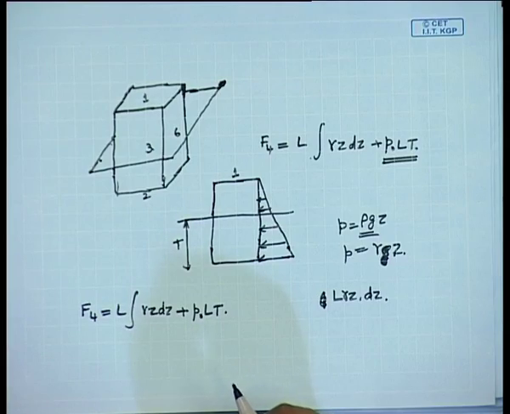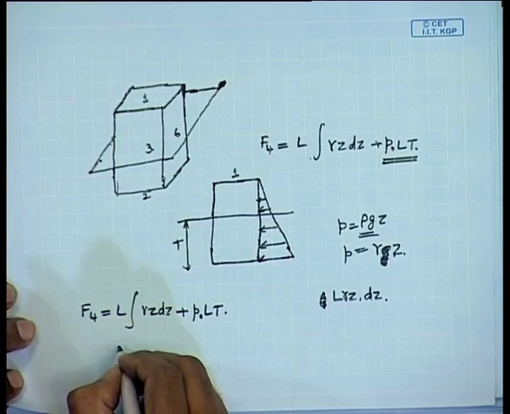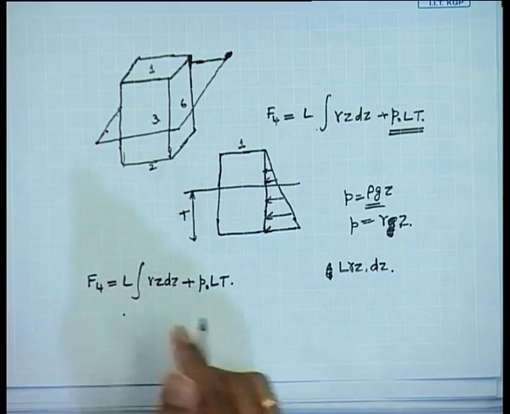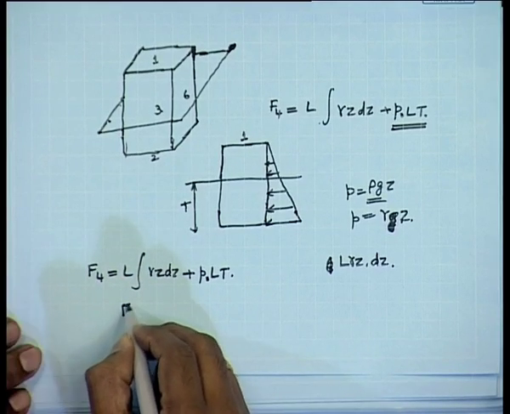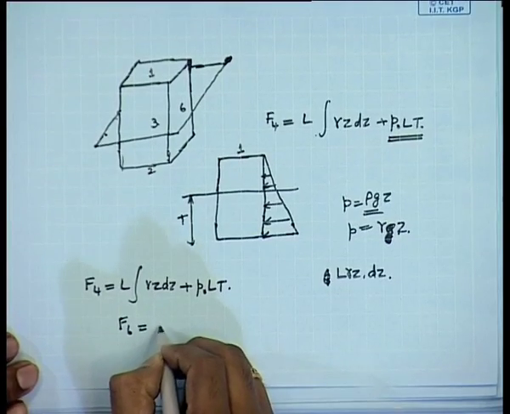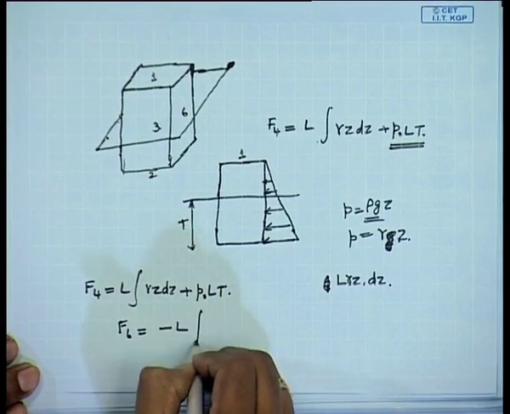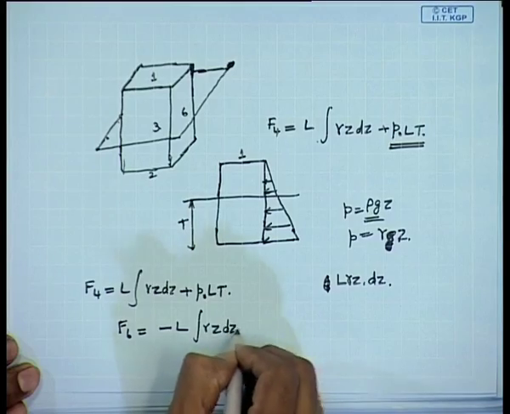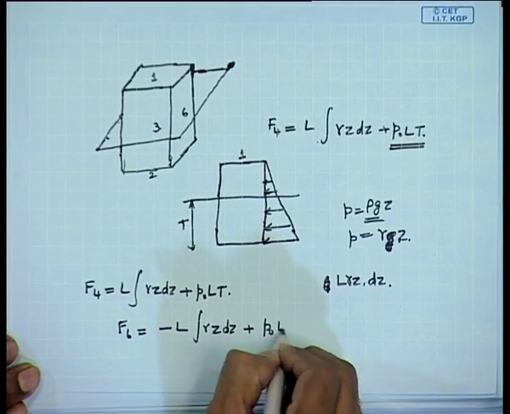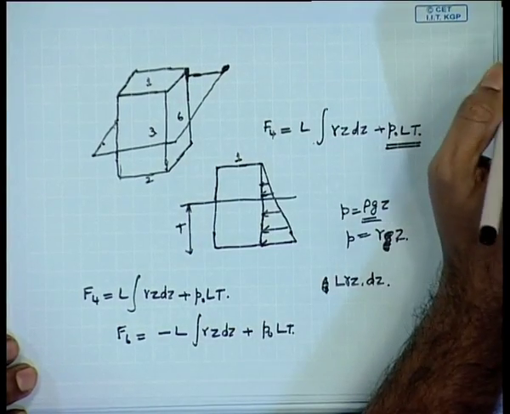And then you need to find out F6. F6 will be given by exactly the opposite. Now, you know that pressure into area, PdA, will give you dF.